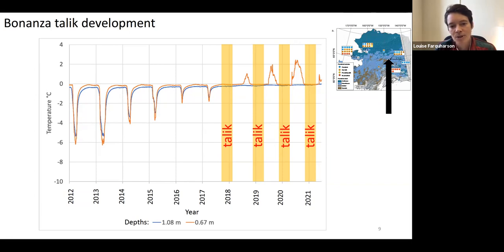As we approach 2017 through 2018 and then through to 2021, we see that the ground is not freezing in the wintertime. And so we have taliks forming in the winters of 2017 to 2018, 2018 to 2019, 2019 to 2020, and this last winter also.